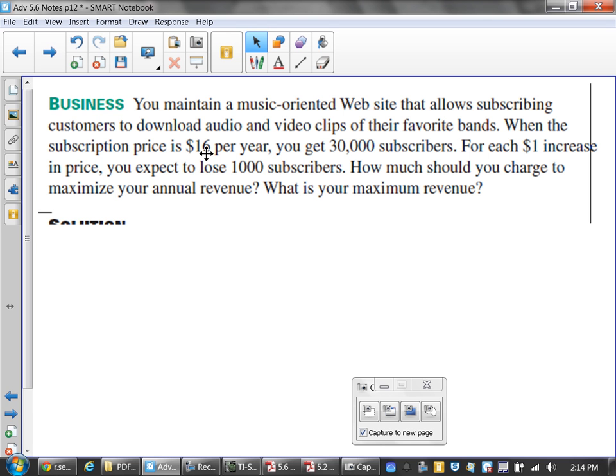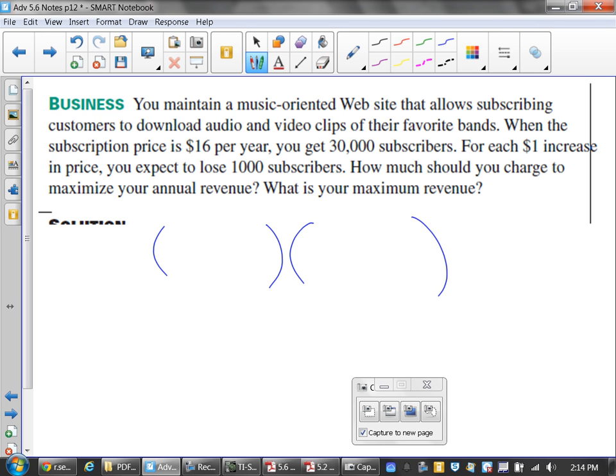Now, since this is a quadratic model, that means I can set this up as 16 and 30,000. Those are my two starting points, if you will. And they said that for every $1 increase to your subscription price, you lose 1,000 subscribers.